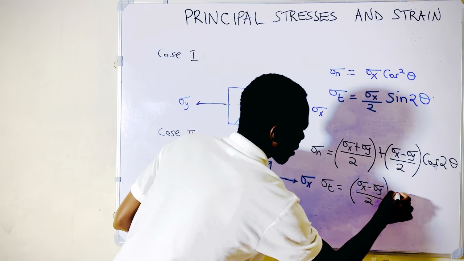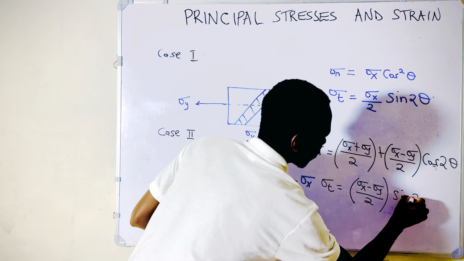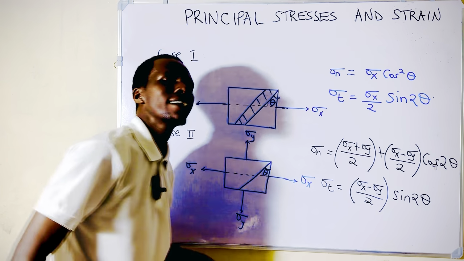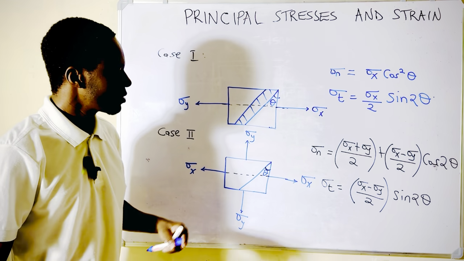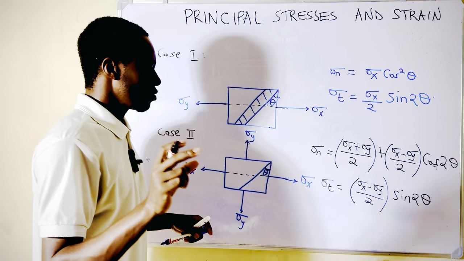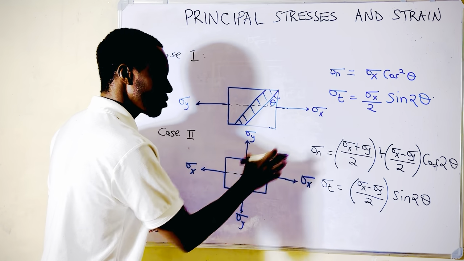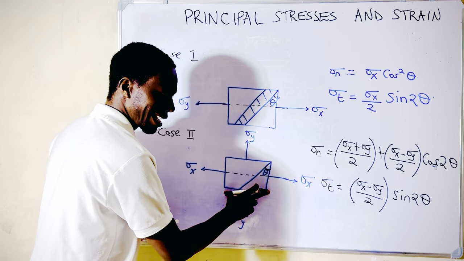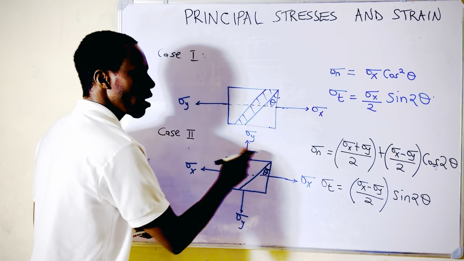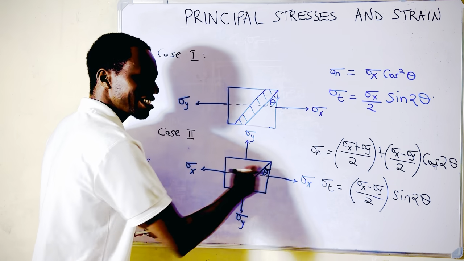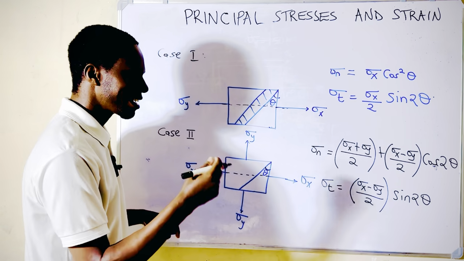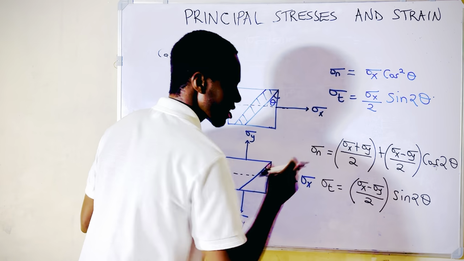Instead of cos, it becomes sine of 2 theta. The moment you find a given member subjected to two different stresses, mutually perpendicular to one another, you have to use this expression.